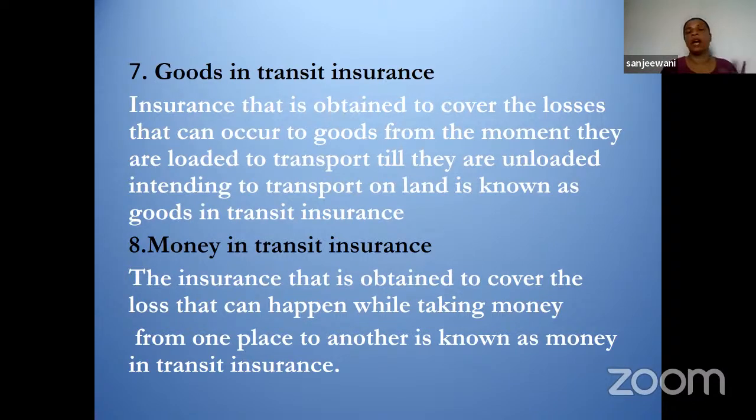If something has happened in the meanwhile and you have goods in transit insurance coverage, you will be protected, right? It is insurance obtained to cover the losses that can occur to goods from the moment they are loaded for transport until they are unloaded. That's the period, children, that you are responsible. That is known as goods in transit insurance.